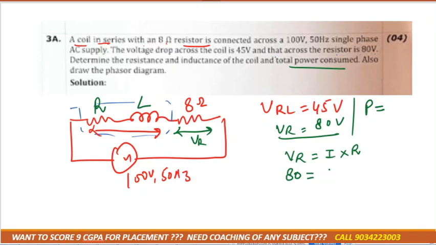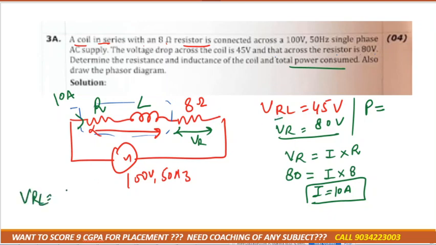VR is 80 volt, R is 8 ohm, so the current is 10 ampere.